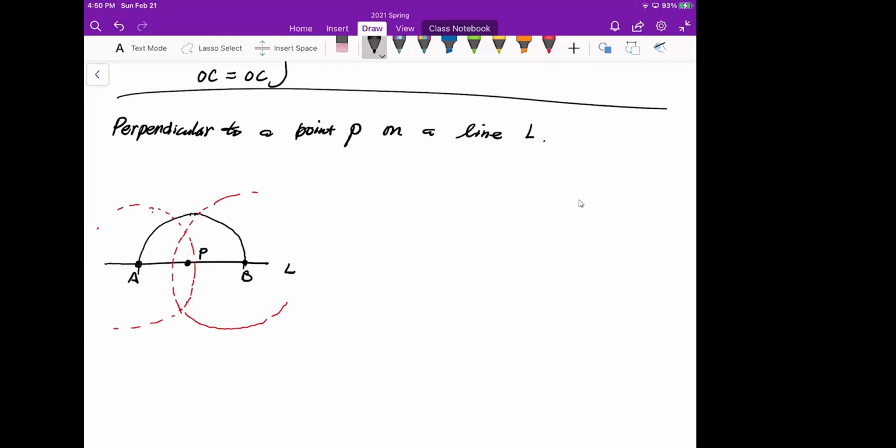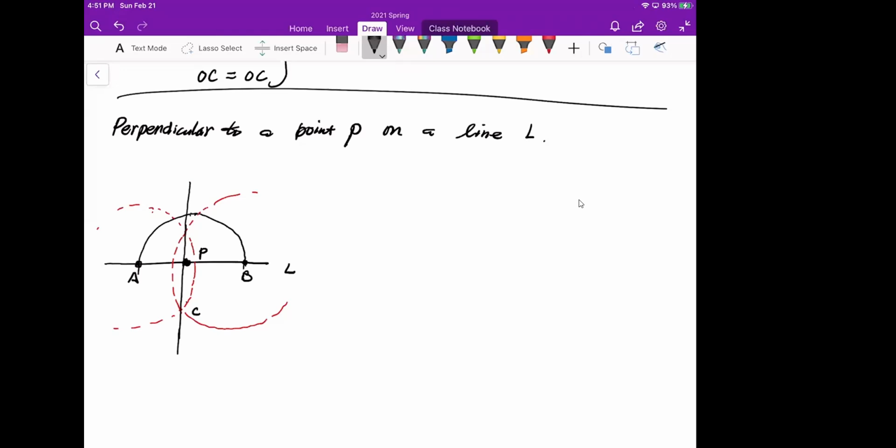So let me call that C. And then finally, I just connect PC, and that will be the perpendicular line.